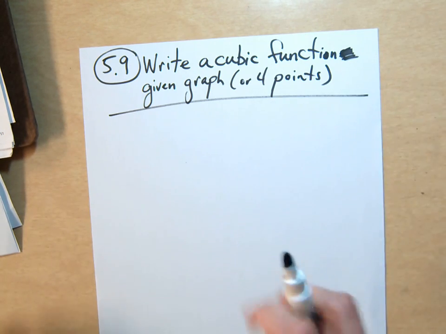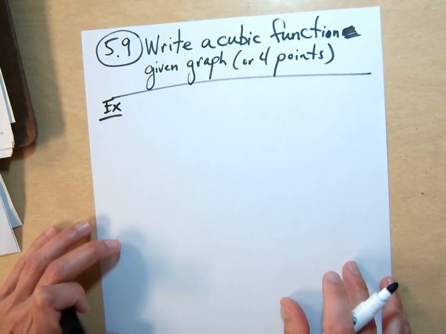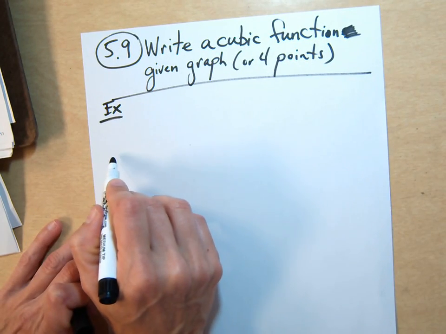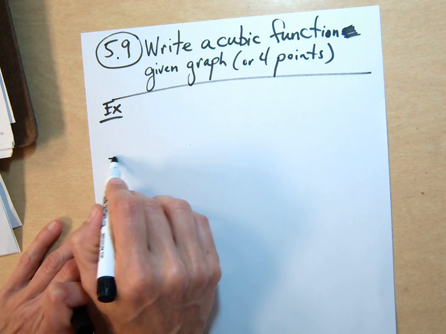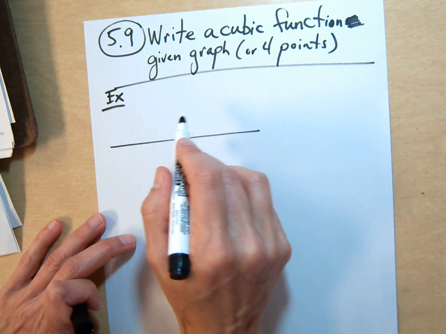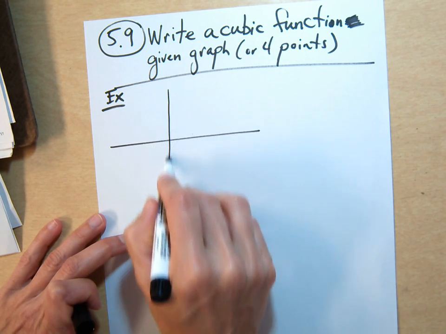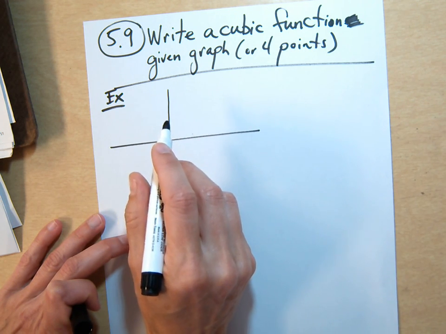So this example, we'll do one example here together. Let's take a little time to sketch it here. Just sketch with me. That's the x-axis. This is the y-axis, and we're going to give you -4, 0.